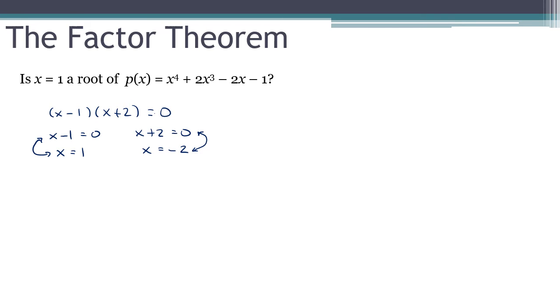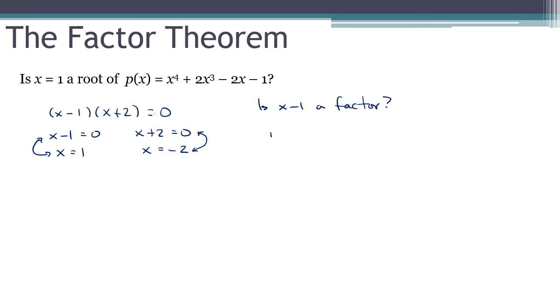So I need to know this because my factor theorem and my remainder theorem talk to me about factors, not roots. So the question here is, is x equals 1 a root? Well, the question I'm going to answer is, is x minus 1 a factor? Because they're the same question, right? So now this one I could answer.